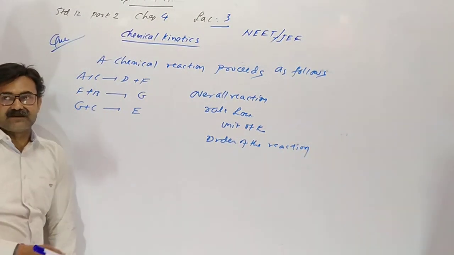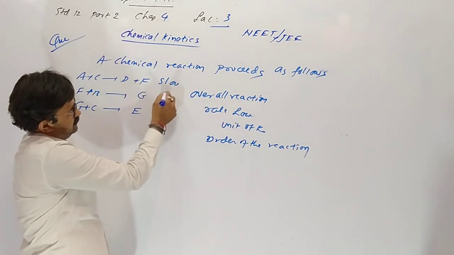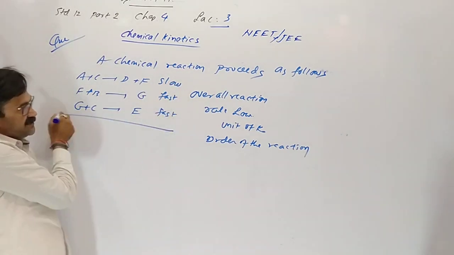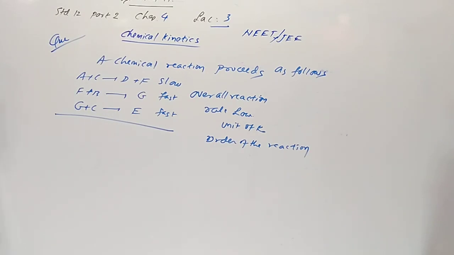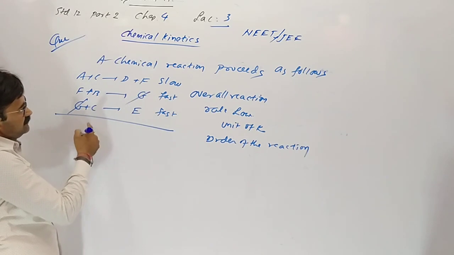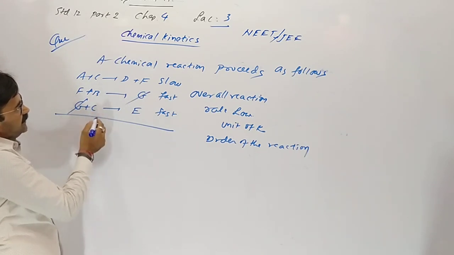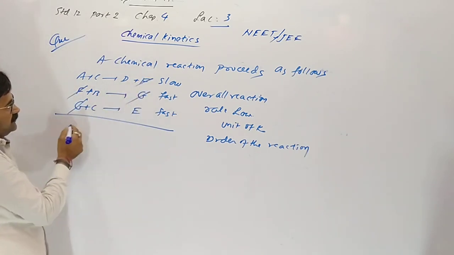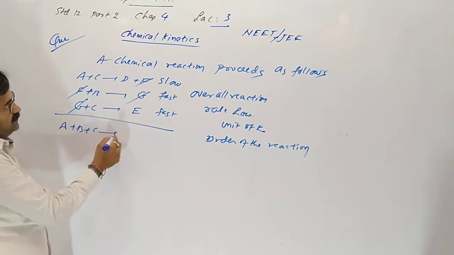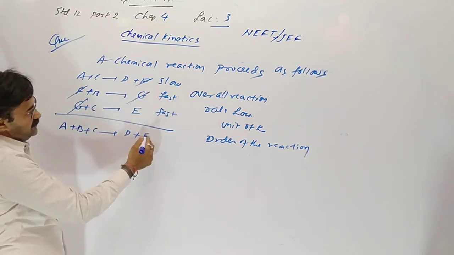First reaction is slow. Second and third are fast. Here assuming all these steps are elementary. So G cancels, then F cancels. So overall reaction is A plus B plus C gives D plus E. Understood?